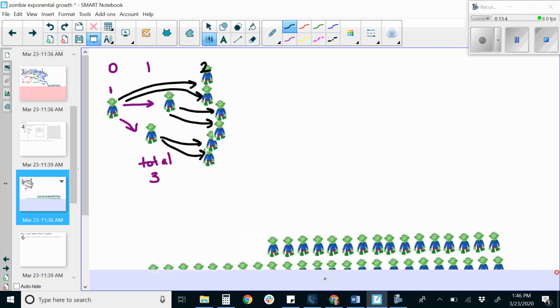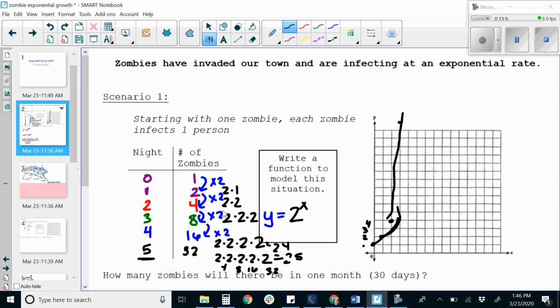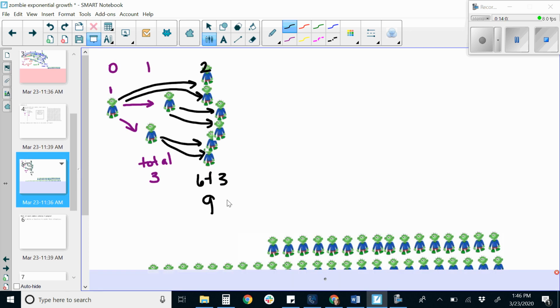All right. 6 new ones plus the original 3 gives us a total of 9. So the difference in this one, over 2 days. In the first problem, there was 4 in 2 days. There's 9 on this one, and that's infecting 2.